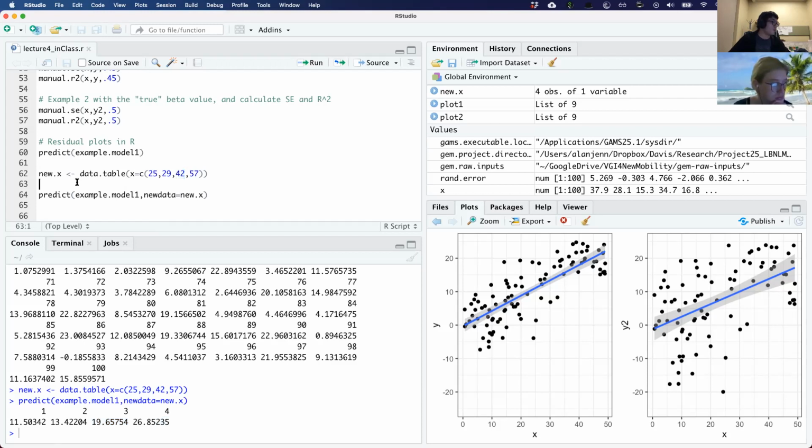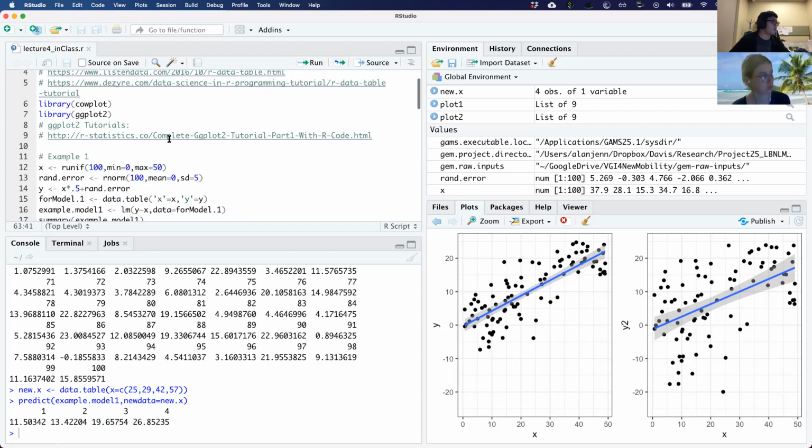One word of caution about estimating out of bounds. One of the things that you'll note is that when we drew our data, we went from 0 to 50.